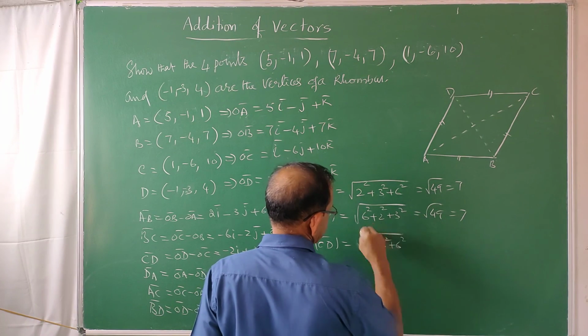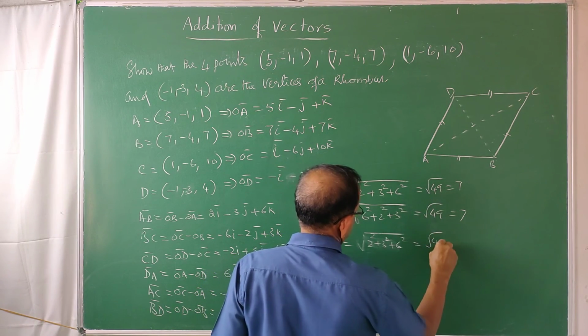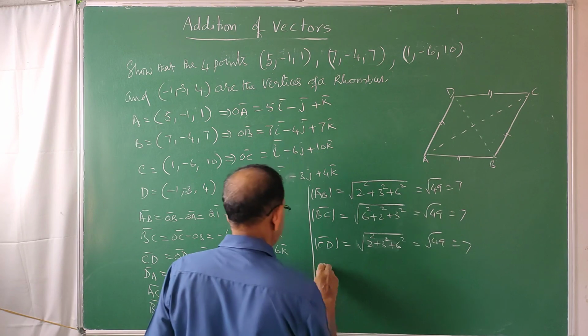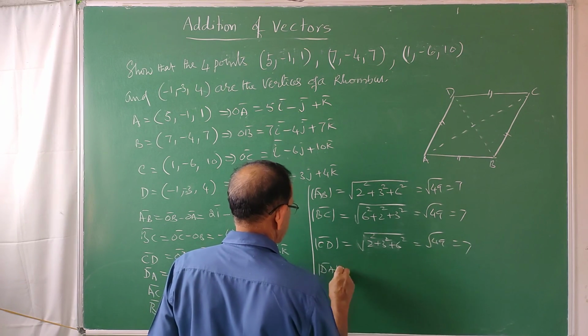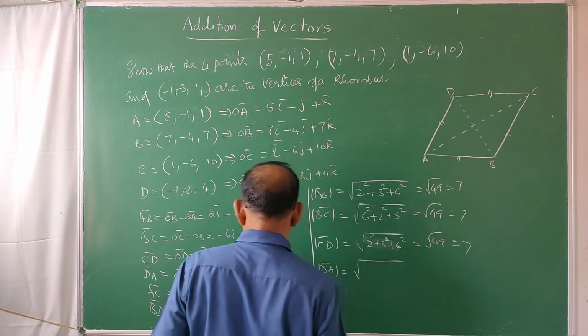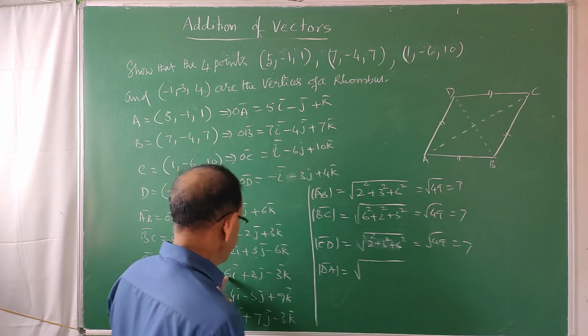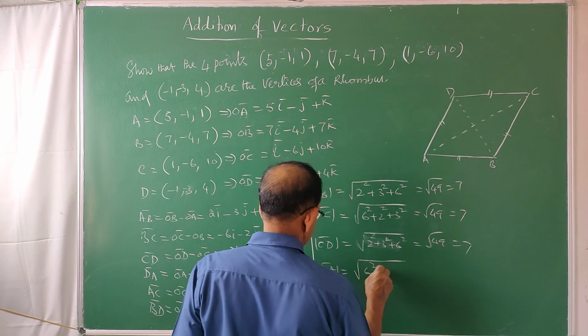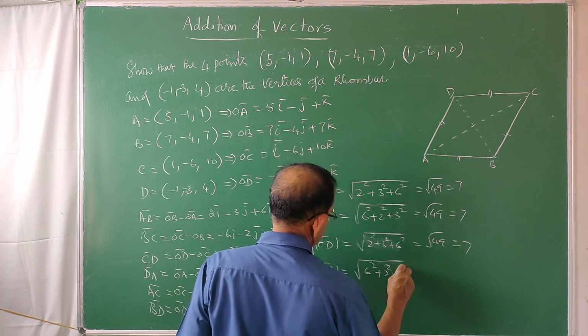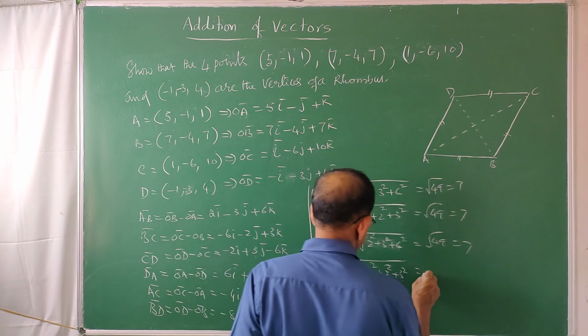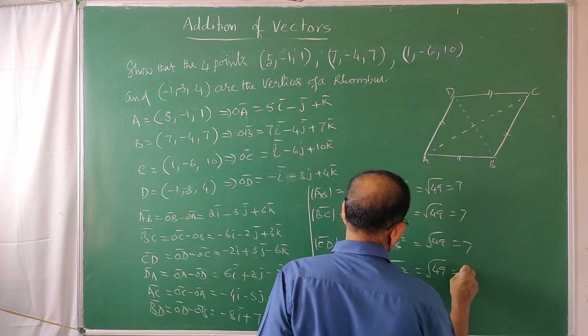Same squares, so it is 49, that is 7. And the modulus of DA bar is 6 square plus 2 square plus 3 square. Again same squares, 49, equal to 7.